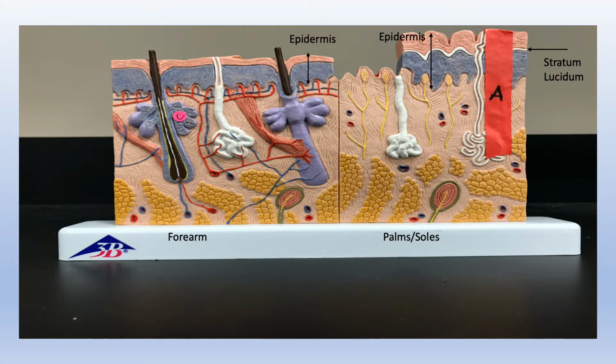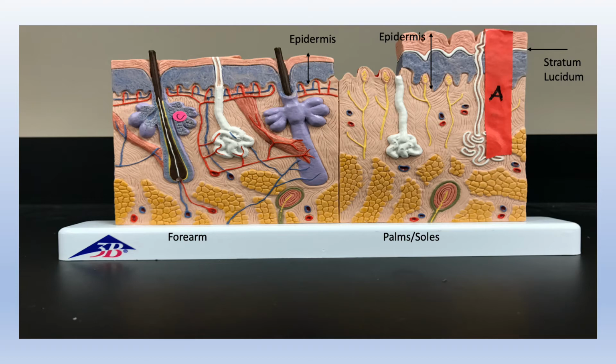Throughout our body, the thickness of the skin varies. In this model, the forearm skin is shown on the left side and palms and soles skin on the right side. When you look at the epidermis thickness, as you see, the epidermis is thicker in palms and soles compared with the forearm skin.